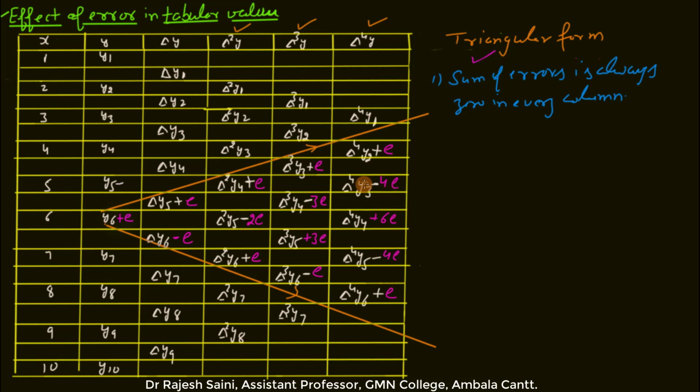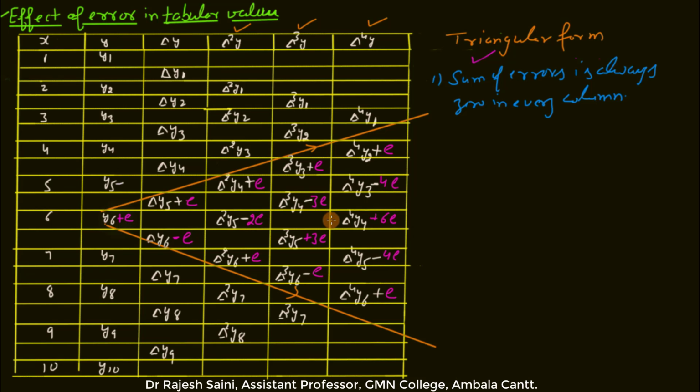Now the second observation is that for an even column we draw a horizontal line, and that horizontal line will start from the term that is having the highest numerical value, and this is containing plus 6e, so this is having the highest numerical value.